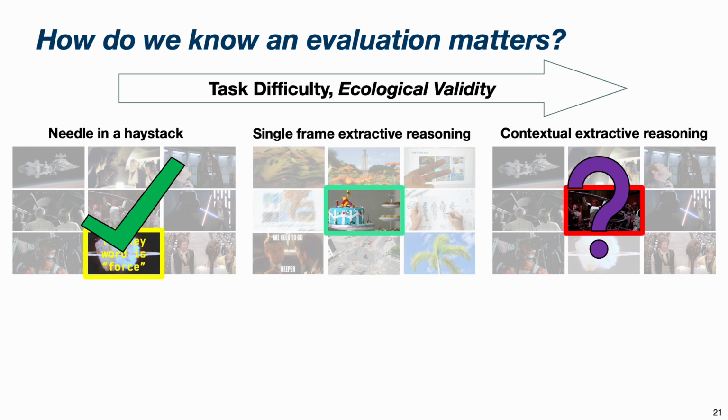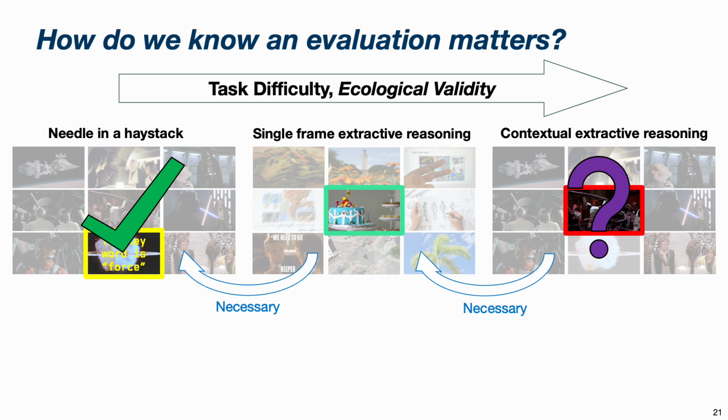And by introducing this intermediate task of single frame extractive reasoning over non-coherent videos, we show that this is a task that should be a little easier than the contextual extractive reasoning. And it certainly is easier for us to collect these samples. And there's this chain of necessity between them, where in order for a model to do single frame extractive reasoning, it doesn't have to be blind to certain frames in the sequence.